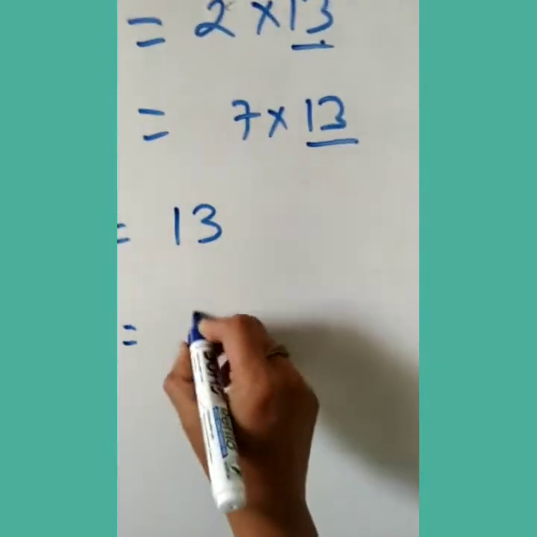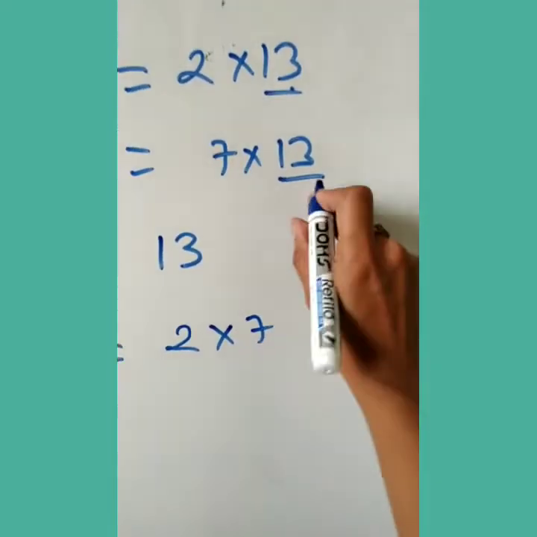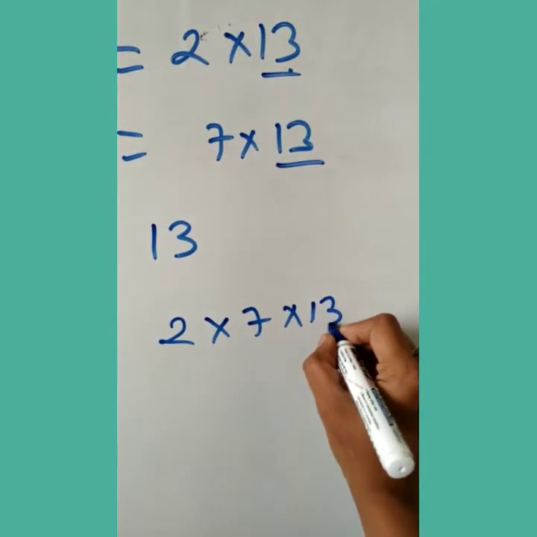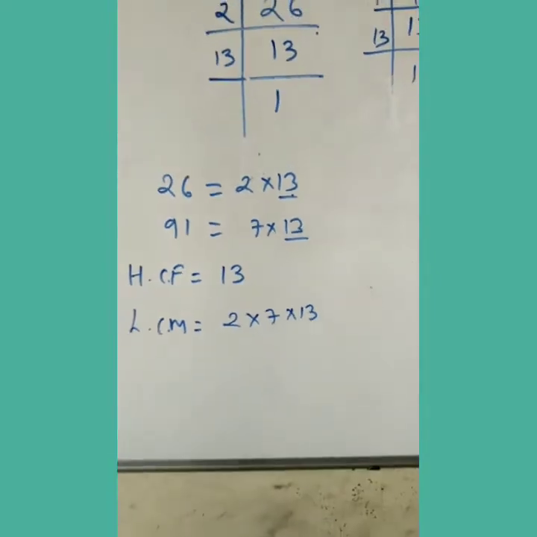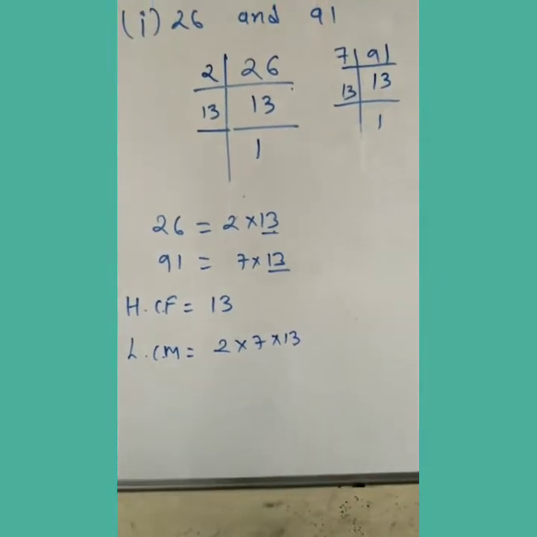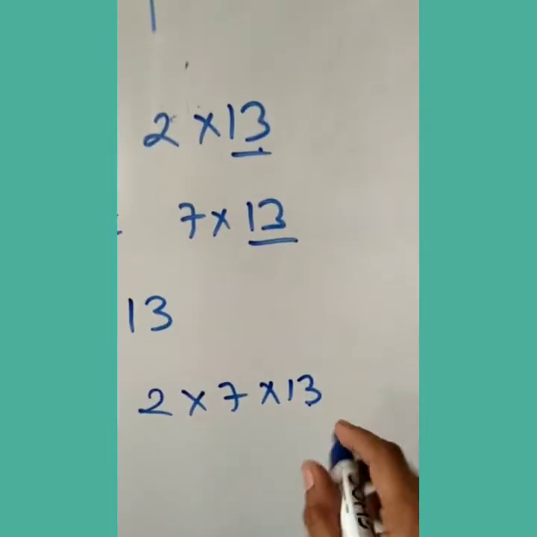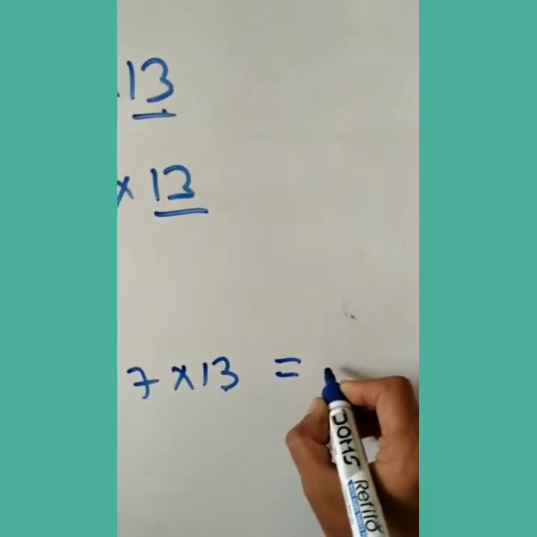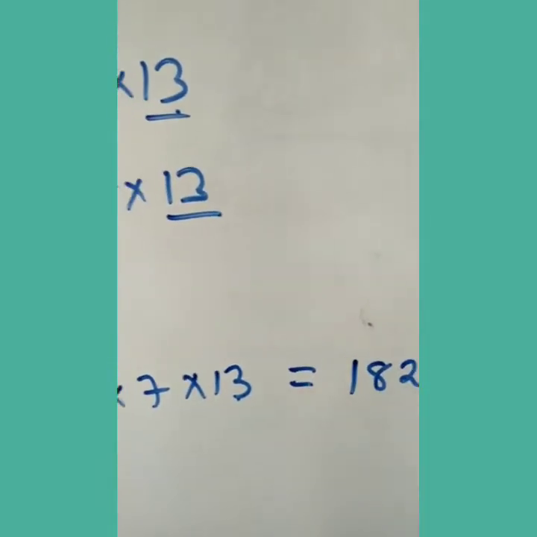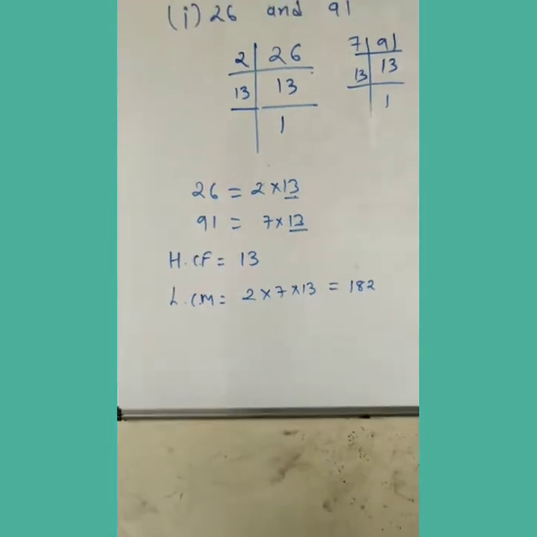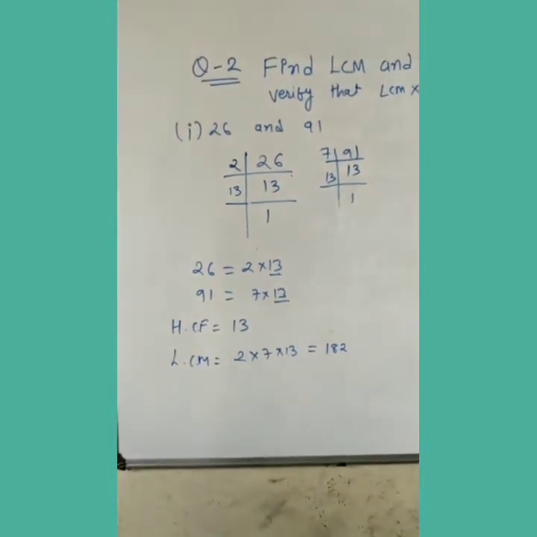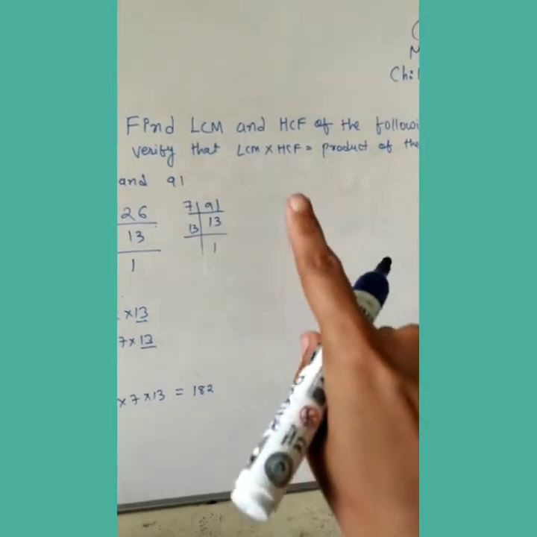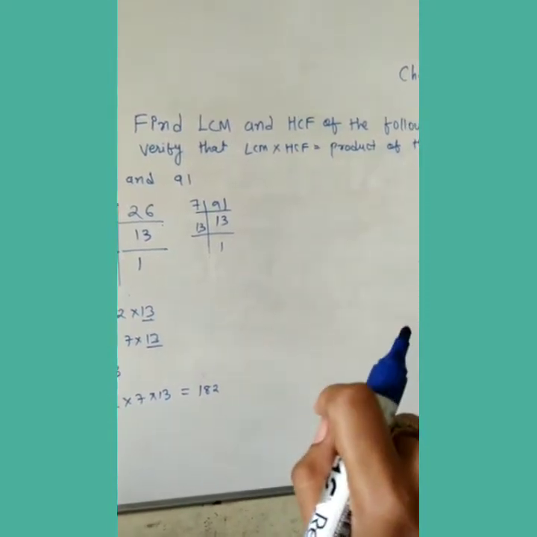So we will write 2 into 7 into 13. So here we got our HCF and our LCM. When we multiply 2 into 7 into 13, we get 182. So here we have completed our process of finding LCM and HCF.